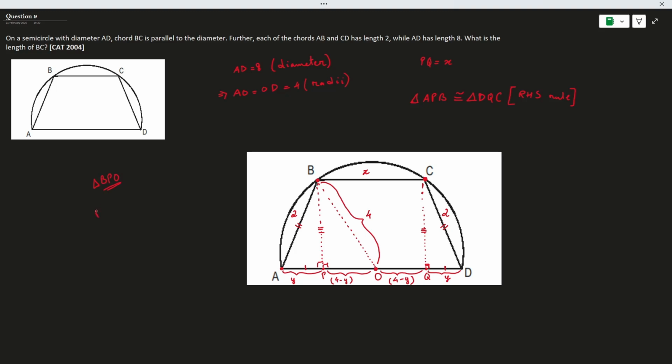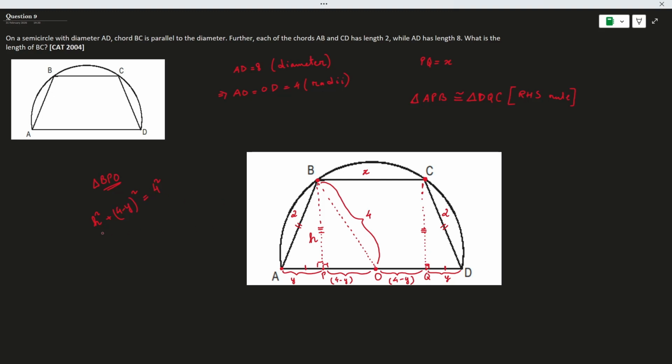So I can say BP square, instead of writing BP every time, let's say the height is h. I can say h square plus 4 minus y square is equal to 4 square, hypotenuse square. This is the first equation.